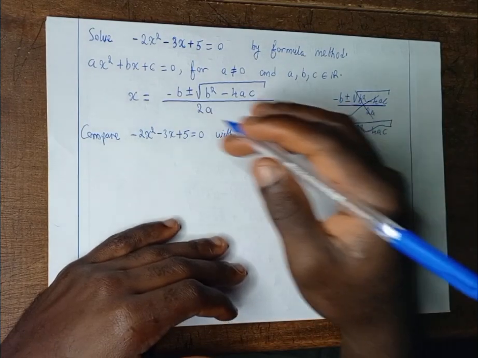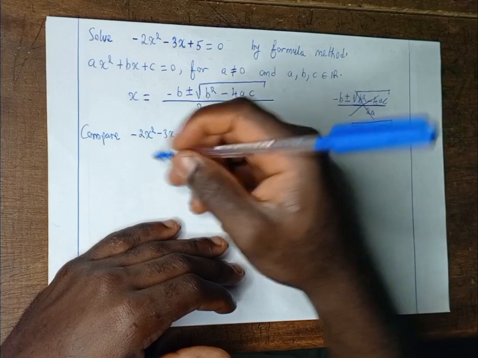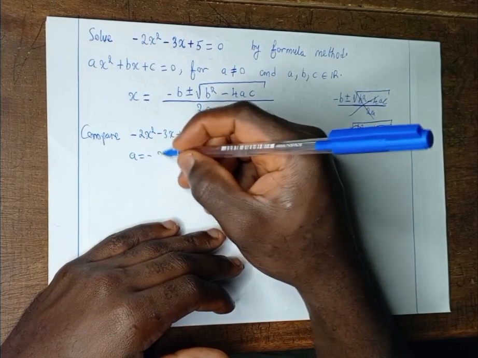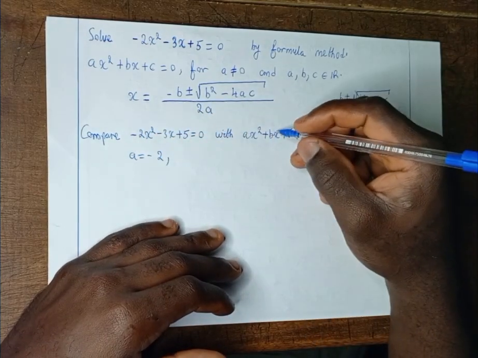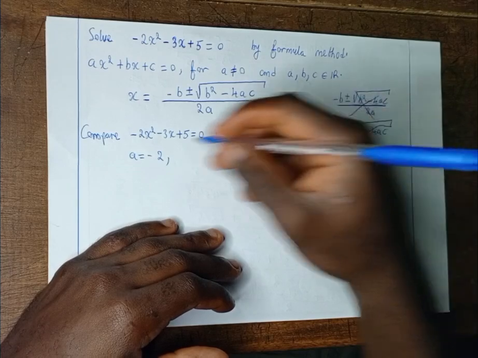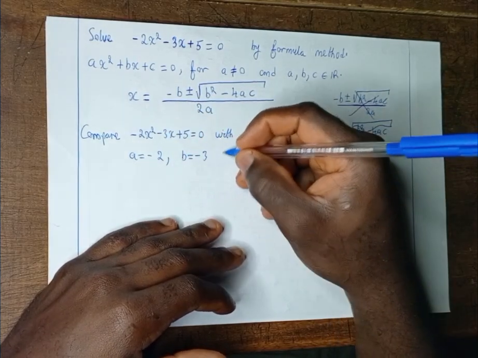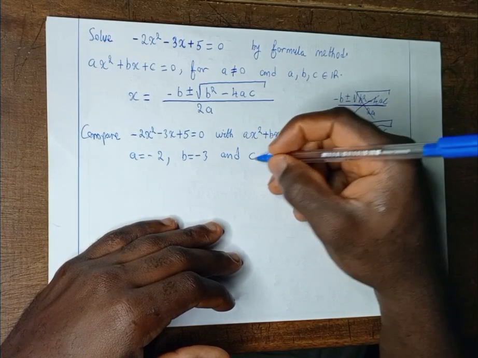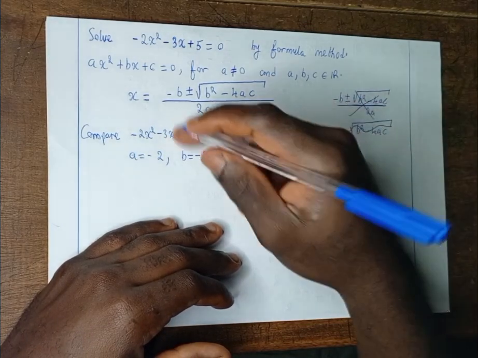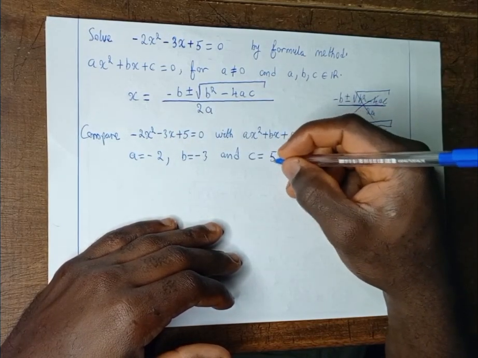So if we compare, this is x squared, a will simply be equal to negative 2. This is x, b will simply be negative 3. So you always take note of the sign. And c, the constant term, c will simply be equal to 5.